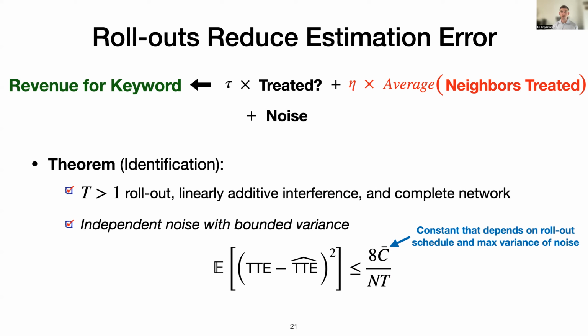Here we have a constant term that will depend on the actual rollout schedule and the max variance of the noise. But the important takeaway is that the variance is decreasing with the number of rollout periods.